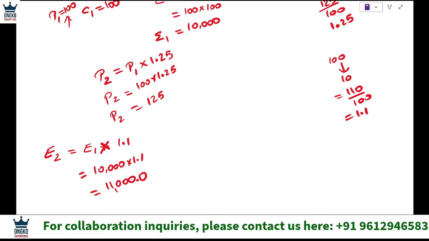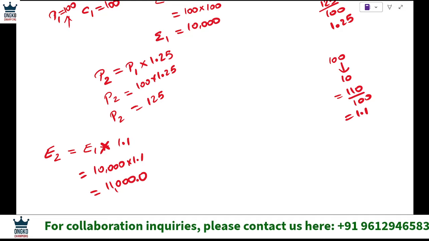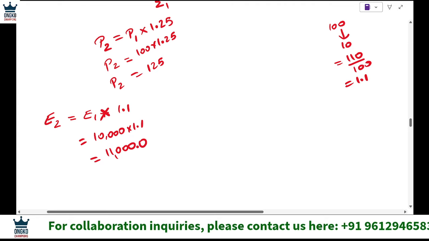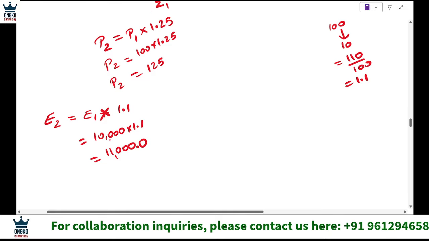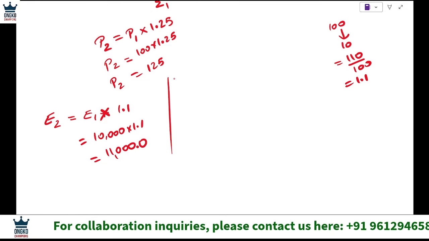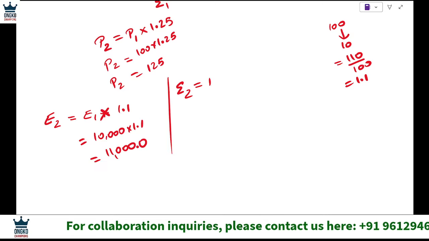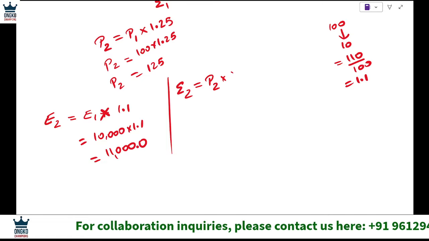So let's calculate the new consumption. The new expenditure E2 is equal to the price of the second one into the consumption of the second one.